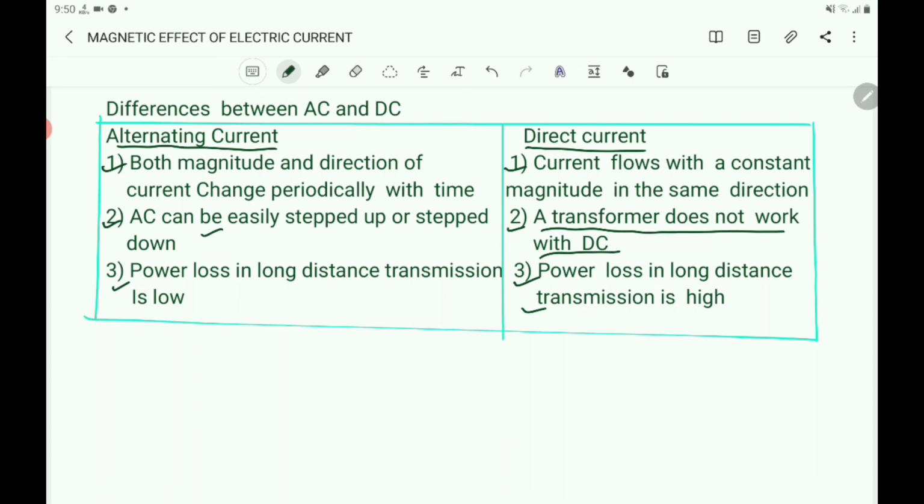So there is a power loss. These are some differences between AC and DC. One more difference you can take: alternating current does not have fixed positive and negative ends, but direct current has fixed positive and negative ends.